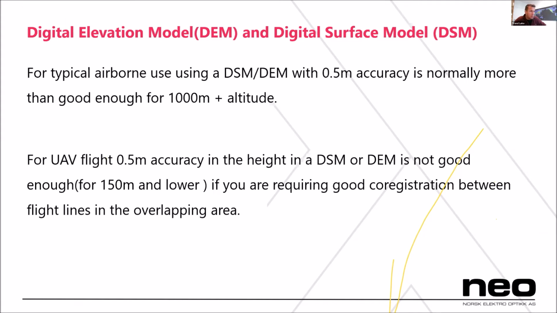But if you're flying a drone, for example, below 150 meters, 0.5 meter is not very good. I think I have a calculation example later where, if you're flying at 50 meters with our drone system and you have 0.5 meter error in your elevation model, that gives you a 7 pixel shift in the overlapping region.